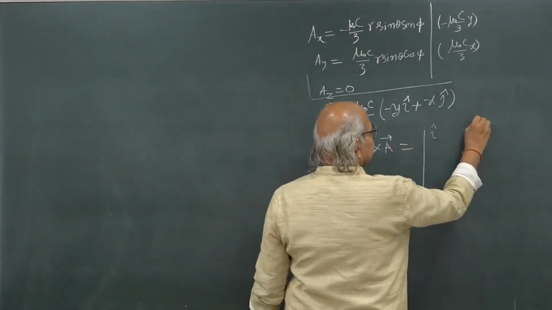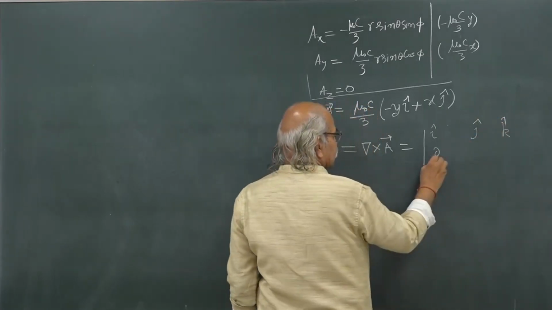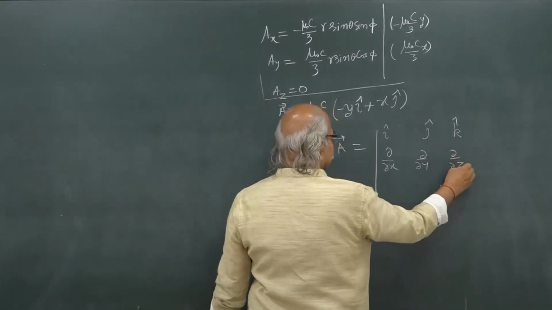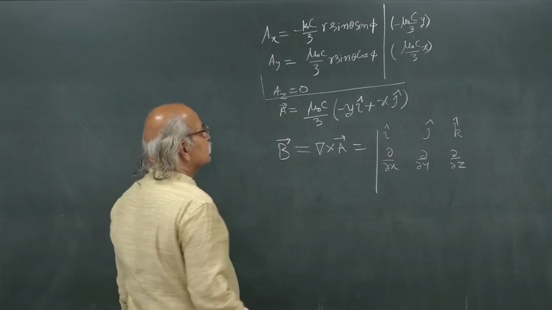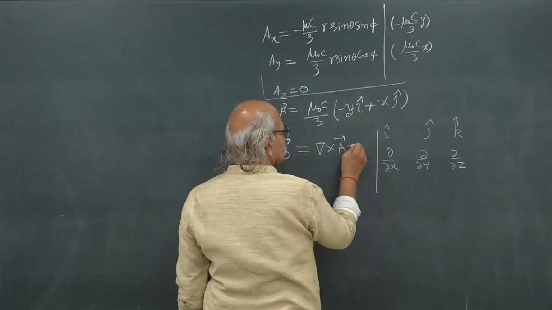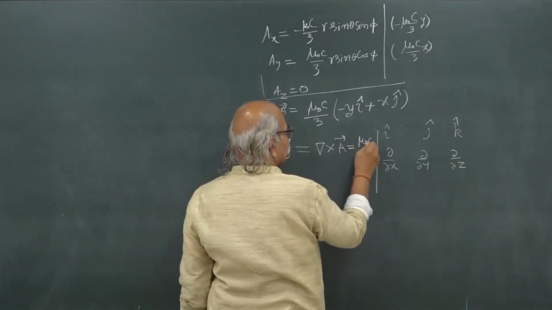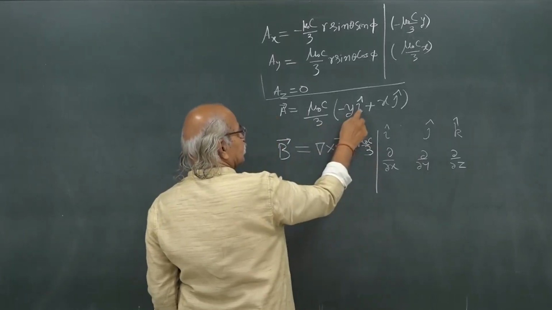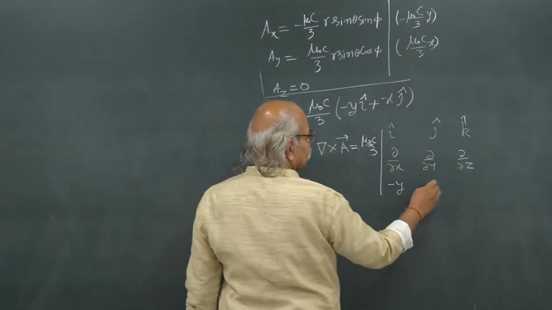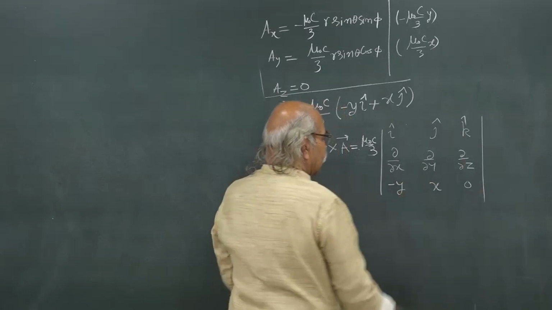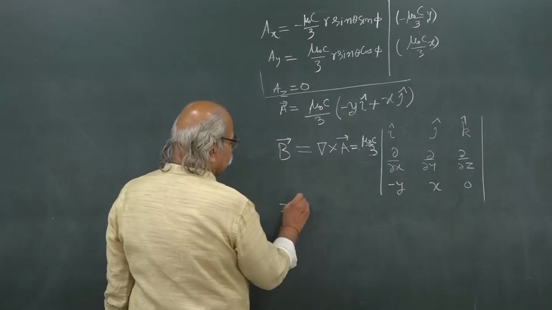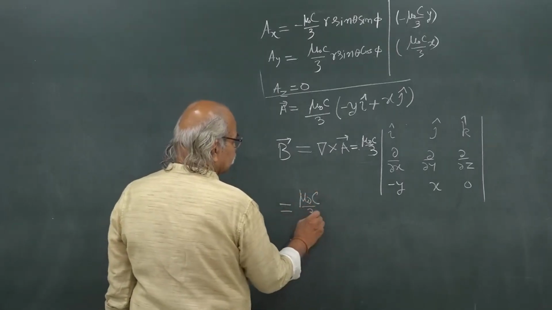Write i cap here, j cap here, k cap here, del del x here, del del y here, and del del z here, and then Ax is this, mu naught c by 3, again you can write common, mu naught c by 3, then x component is minus y, so you write minus y here, and y component is plus x, so you write plus x here and 0, x component, y component, and z component, and this is mu naught c by 3.